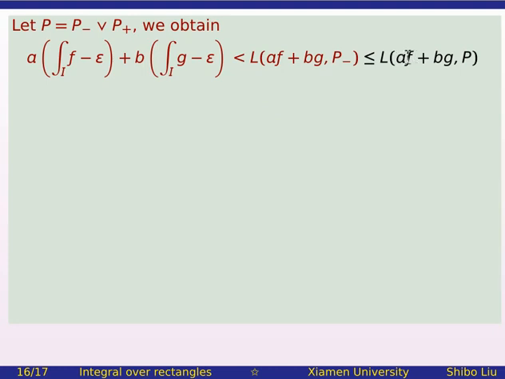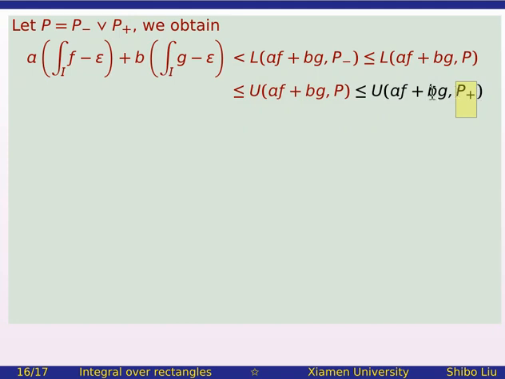Therefore, this will not be greater than the lower sum with respect to P. And the lower sum is always not greater than the upper sum. And when refining the partition, the upper sum decreases, and P is a refinement of P plus. Therefore, this upper sum will not be greater than the upper sum with respect to P plus.